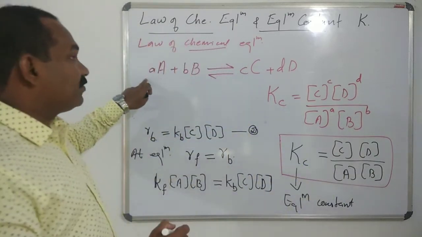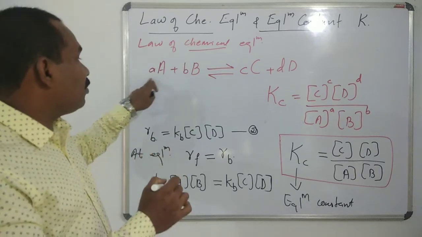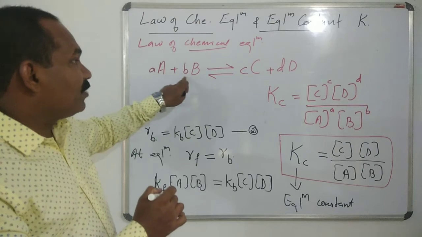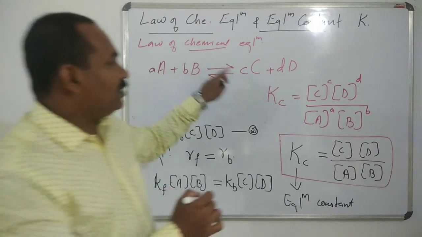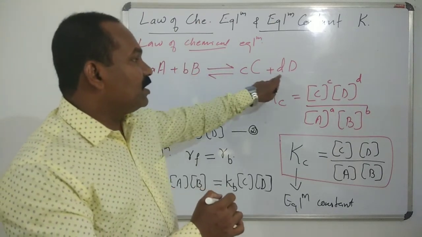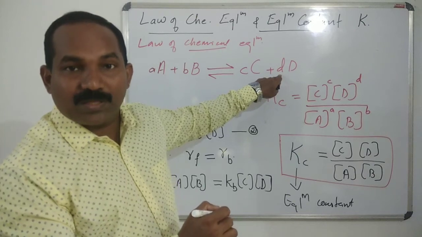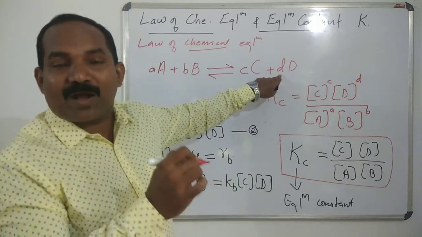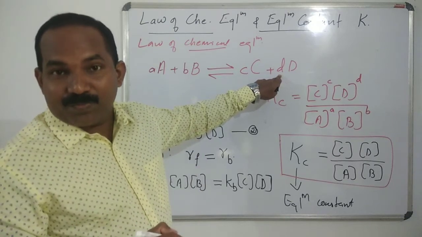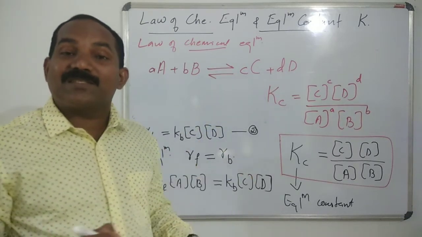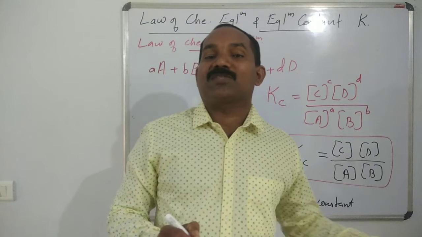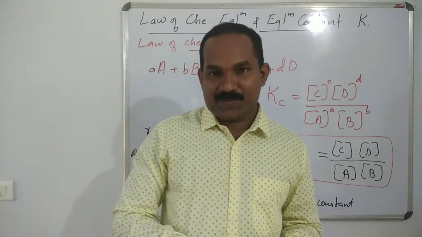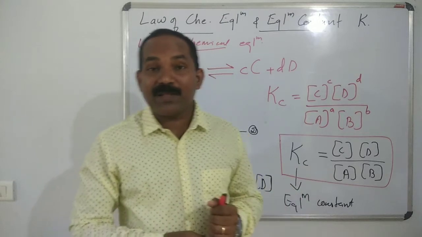For this general reaction, read as a moles of A, b moles of B gives c moles of C plus d moles of D. Small letters are the stoichiometric coefficients. Capital letters are reactants and products. So this is Kc. What is Kc?